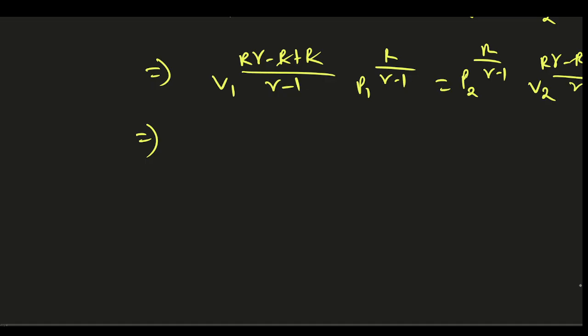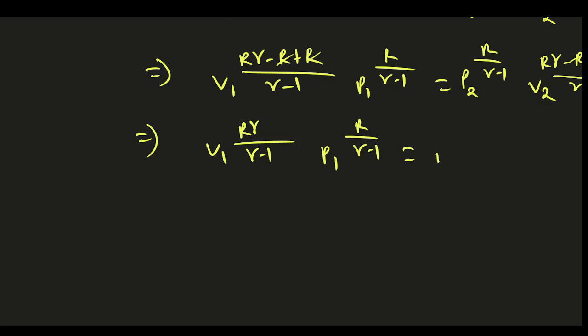So what value we get, B1 R gamma by gamma minus 1, P1 is R by gamma minus 1 and P2 is R by gamma minus 1 and B2 is R gamma by gamma minus 1. So this value we get, and if I take that both sides, that R by gamma minus 1 is there, here also R by gamma minus 1 is there.